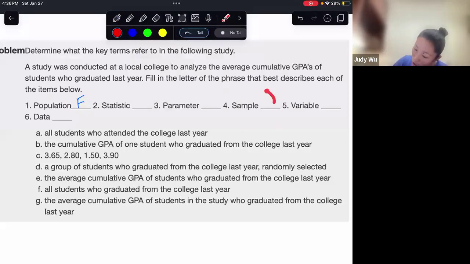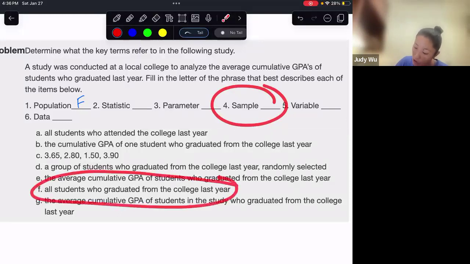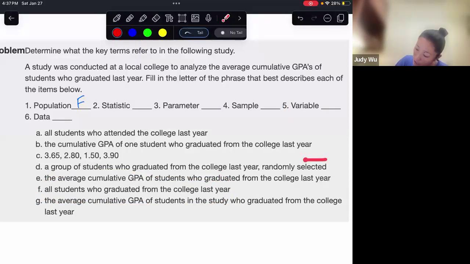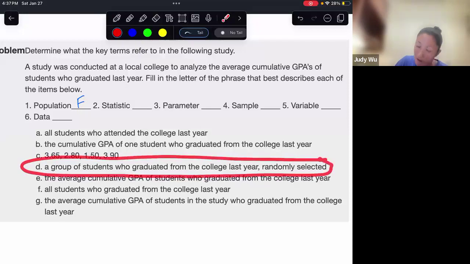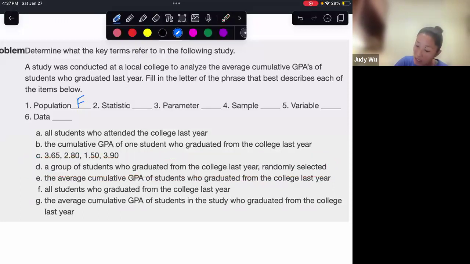If we think about a sample, we want some of the students who graduated last year. In our list of choices, letter D is a group of students who graduated from college last year, and they're randomly selected. So D is our sample. We don't want to look at everyone who graduated last year, just a randomly selected sample.